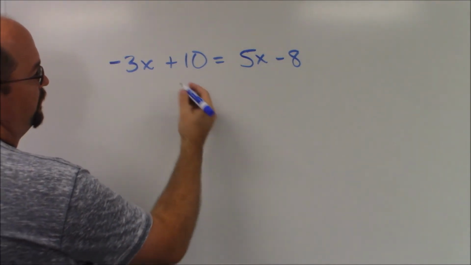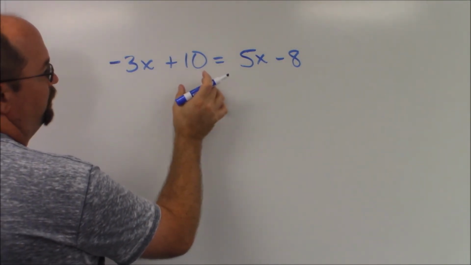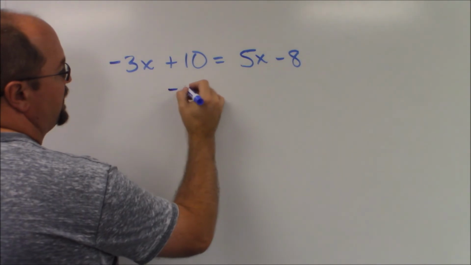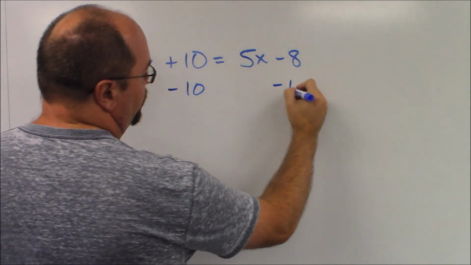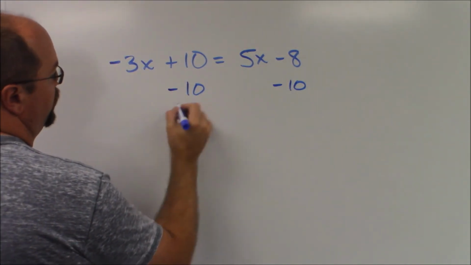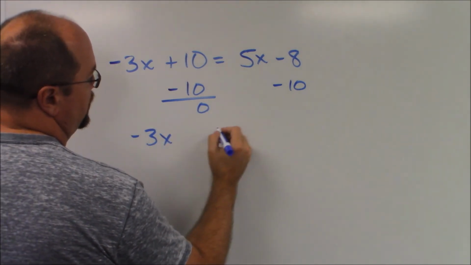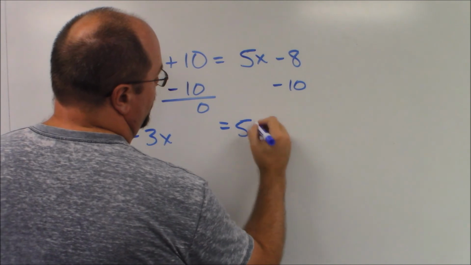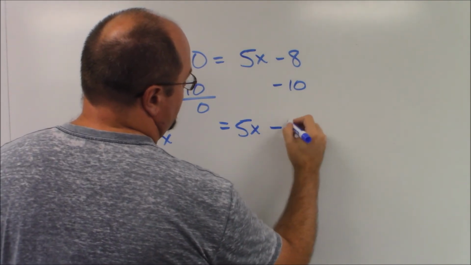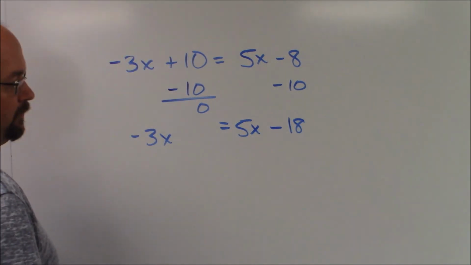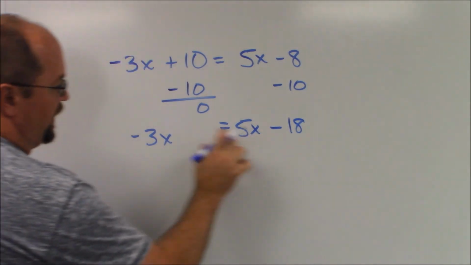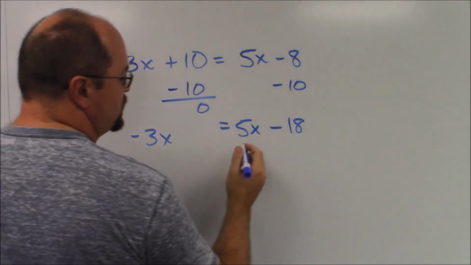So let's start by combining constants. So I'm going to subtract 10 on both sides. So I'm going to end up with 0 here. I'm going to end up with negative 3x equals 5x minus 18. Okay? Now I'm going to combine my coefficient variables.